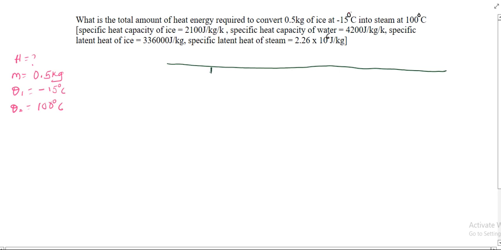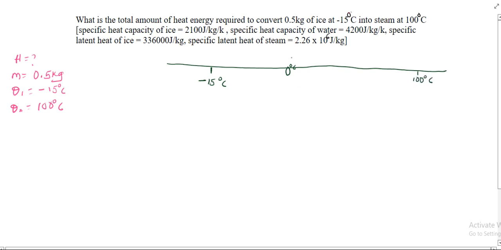Then we have 0 degrees Celsius here, and 100 degrees Celsius here.